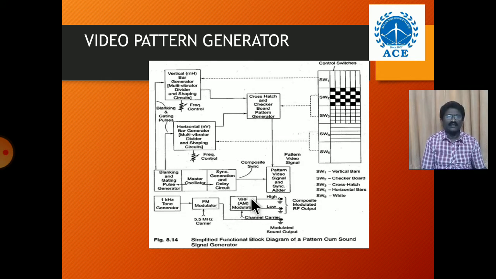Similarly, an FM sound signal with a carrier frequency of 5.5 MHz plus or minus 100 kHz, modulated by a 1 kHz tone, is provided for aligning sound IF and discriminator circuits. A 75 to 300 ohm VHF balun is usually available as a standard accessory with the video test pattern generator.